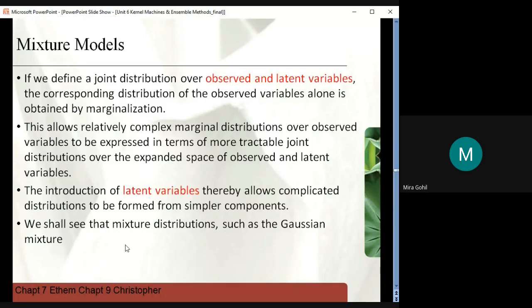ठीक है, सो मिक्सचर मॉडल का काम क्या है, इफ वी डिफाइन अ जॉइंट प्रोबेबिलिटी ओवर ऑब्जर्व्ड एंड हिडन वेरिएबल, लेटेंट मींस हिडन वेरिएबल, द कॉरेस्पॉन्डिंग डिस्ट्रीब्यूशन ऑफ द ऑब्जर्व्ड वेरिएबल अलोन इज ऑब्टेन्ड बाय मार्जिनलाइजेशन. जिसने मैथमेटिक्स में जॉइंट प्रोबेबिलिटी अच्छे से पढ़ा होगा, जॉइंट प्रोबेबिलिटी इज ऑलवेज अ काइंड ऑफ प्रोबेबिलिटी वेयर द प्रोबेबिलिटी डिपेंड ऑन मल्टीपल इवेंट्स.